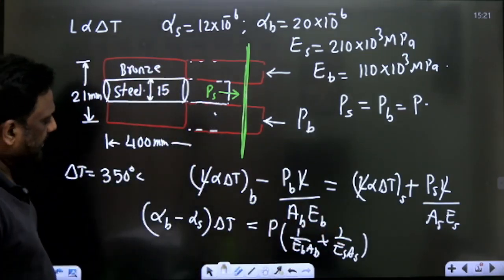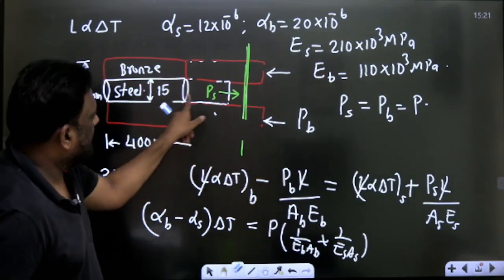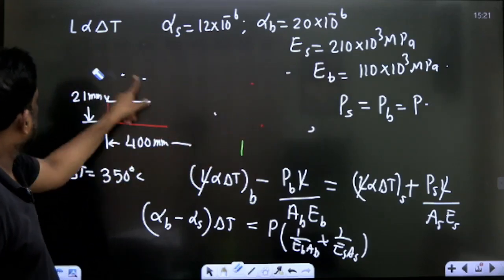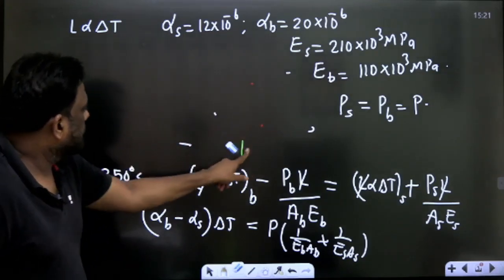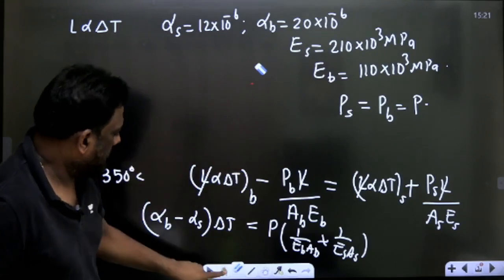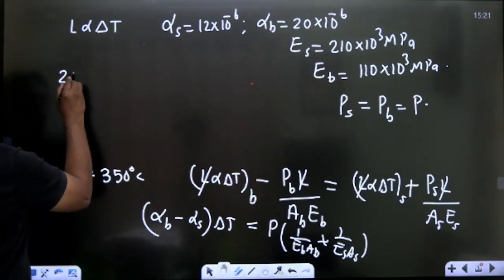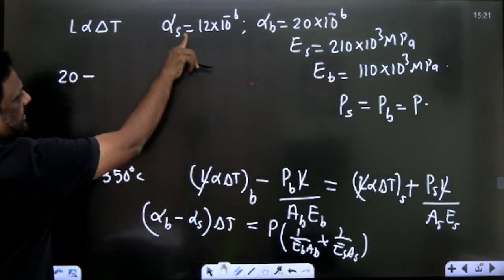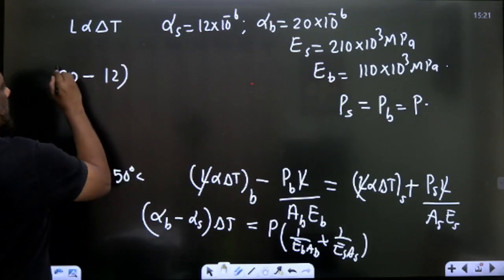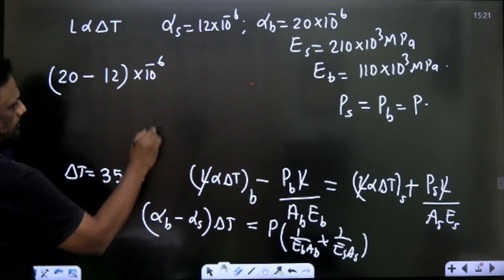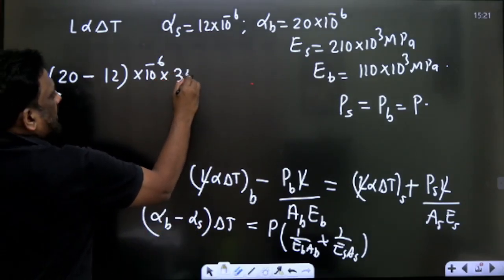Now, let me erase because I don't have space. Now let us apply this. Alpha of bronze is 20 and alpha of steel is 12, both with a power of 10 to the minus 6, so we take that common. And delta T is 350.